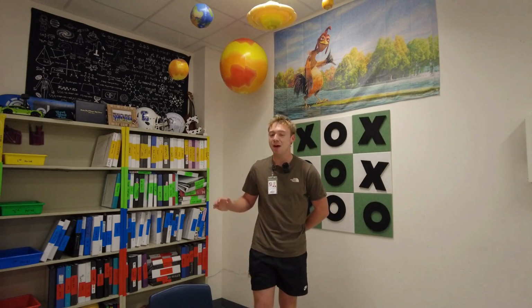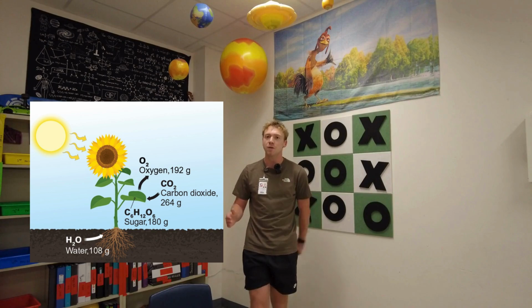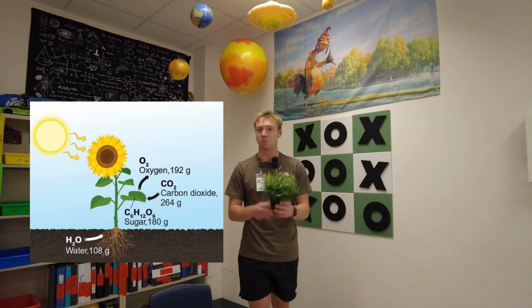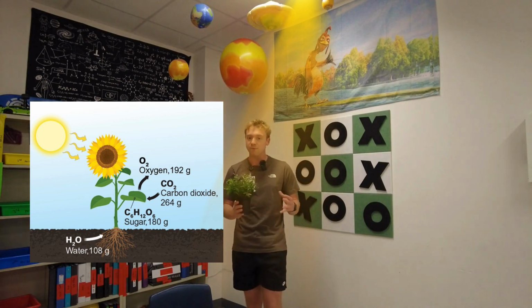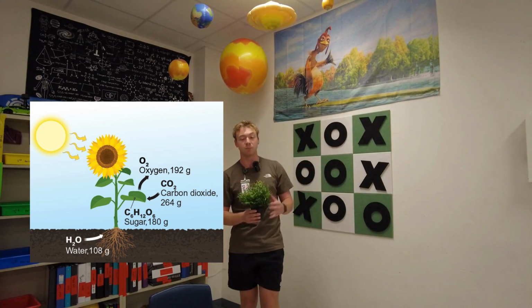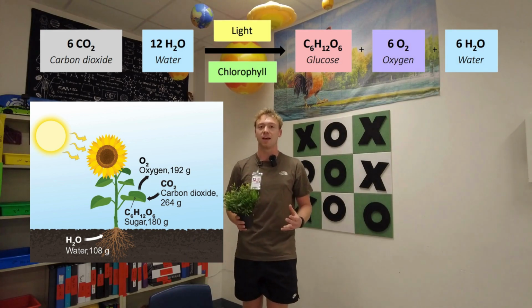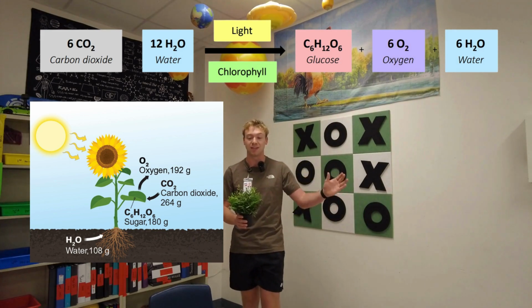All right, go ahead and think about how mass can be conserved during the process of photosynthesis. Now, photosynthesis is the process in which plants get energy using sunlight, okay? Now, in photosynthesis, which you can see the equation up here, water and carbon dioxide are our reactants. They're on the left-hand side.